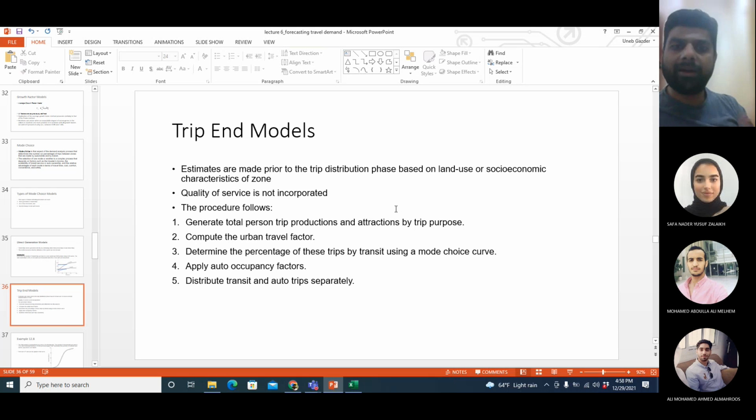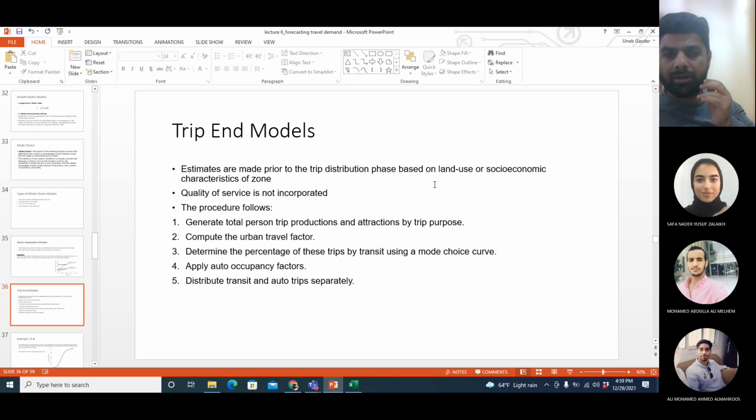Then we have a trip end model. In trip end models, we are estimating the mode choice before the trip distribution is estimated. The number of transit trips also depends upon the land use and the socio-economic characteristics of the zone.